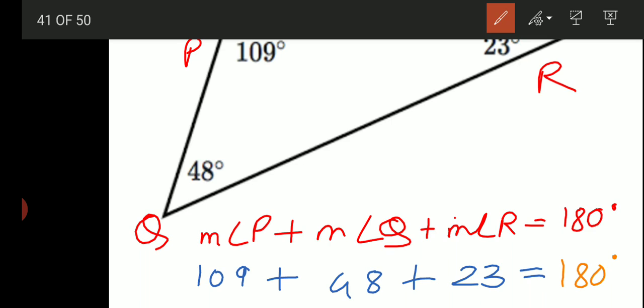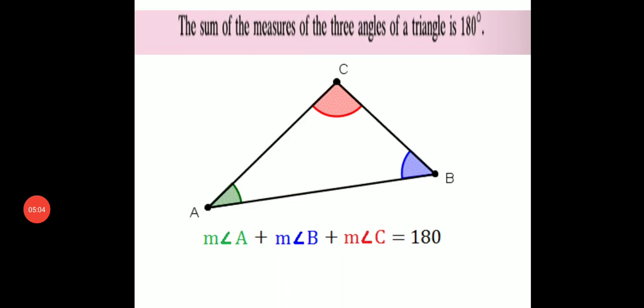That means this triangle PQR is a proper triangle. Why? Because the sum of the measures of all the three angles of this triangle is 180 degree.